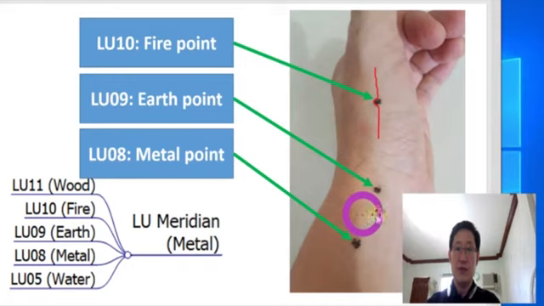Before the bone, look around the bone here. Before the bone, the shallow point is LU09, which is the earth point of the lung meridian. Next bone here, the shallow point is the metal point, LU08.